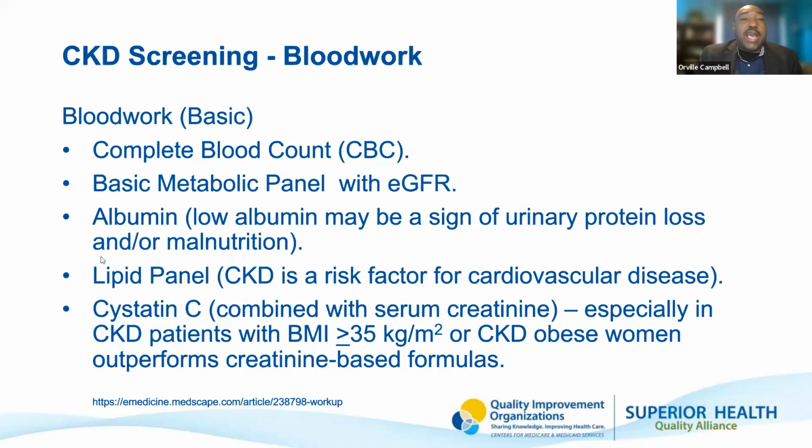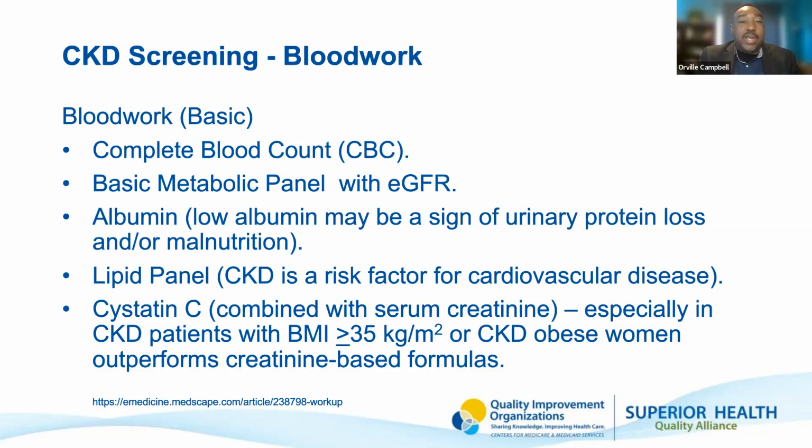And of course, albumin, if it is low, could indicate protein loss, or even other disease states such as malnutrition. You do want to get a lipid panel. Individuals who have CKD are at risk for cardiovascular disease, and they may have metabolic syndrome, especially if they're over their ideal body weight, with diabetes, where they have a low metabolism and elevated cholesterol and triglycerides, etc.